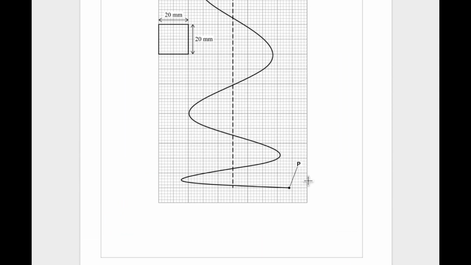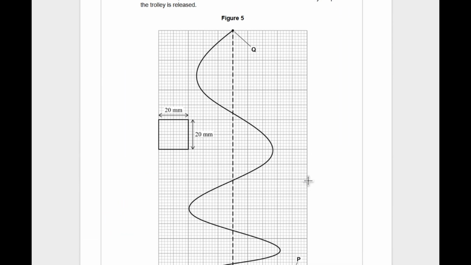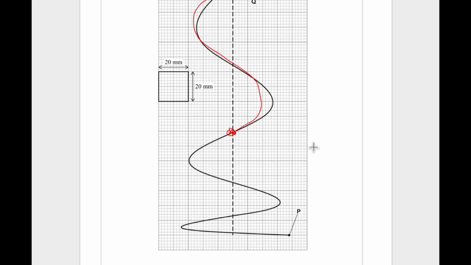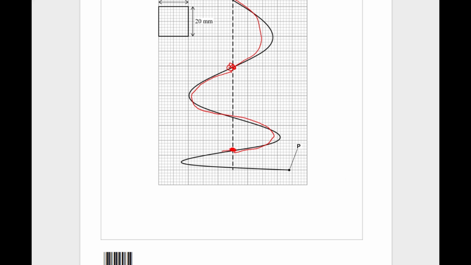What we've got to do here is work out how many oscillations. If you look, there's your start position, 1 oscillation, 2 oscillations. And then there's another half oscillation plus that bit there. So you've got 2 3/4, 2.75 cycles, or 2.75 wavelengths, because that would have been the third one.